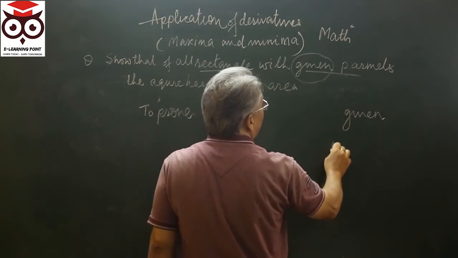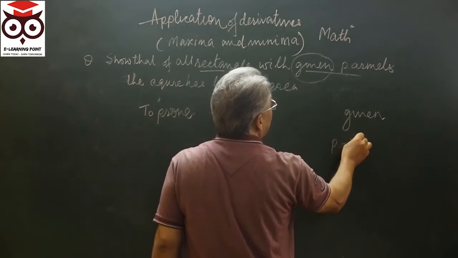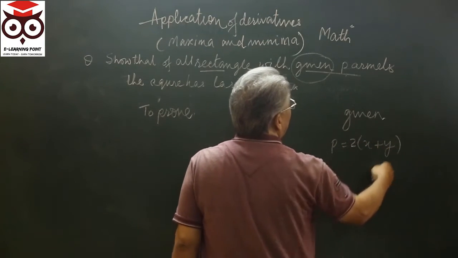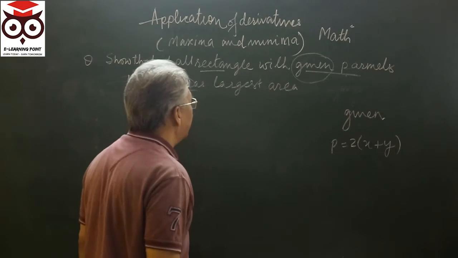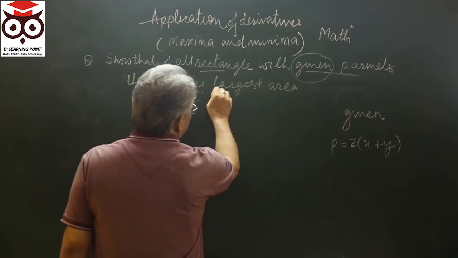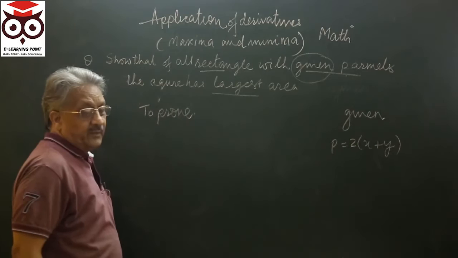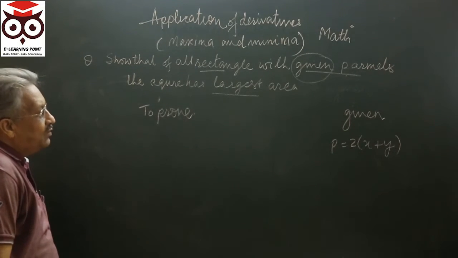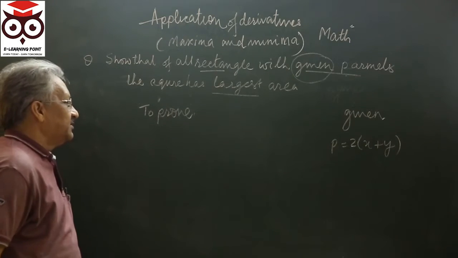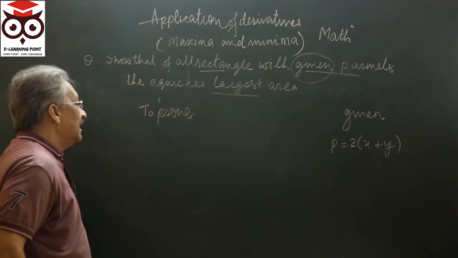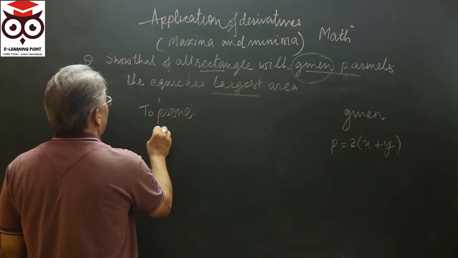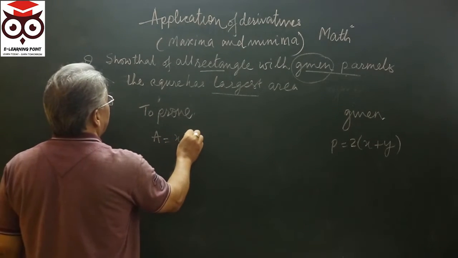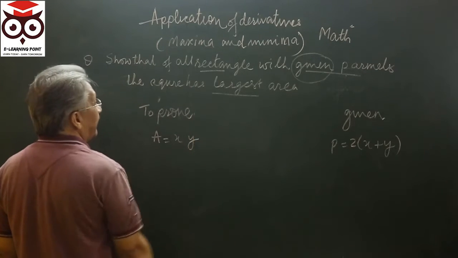So it means I will write down immediately the formula of perimeter on the side of given, and largest area. It means I am interested to prove the area is largest. Area is largest. So I will write down the formula here. It is x into y.